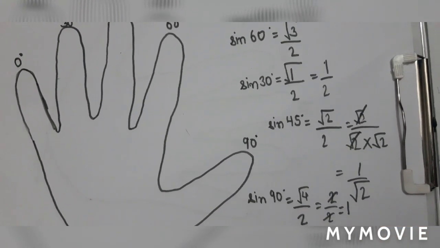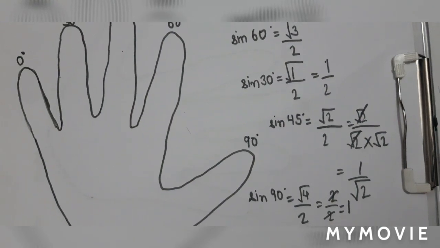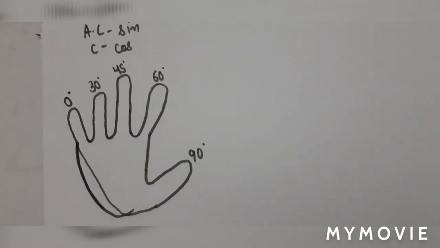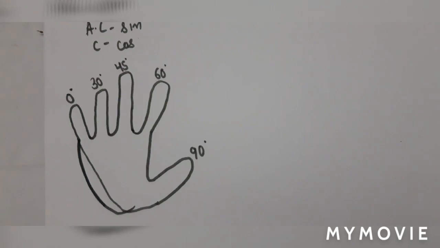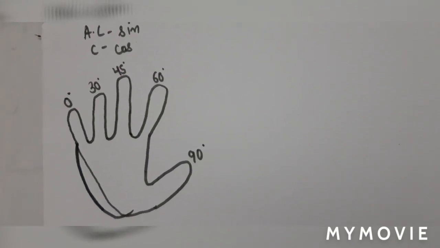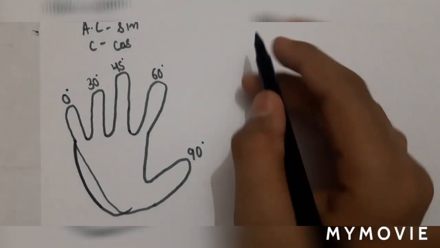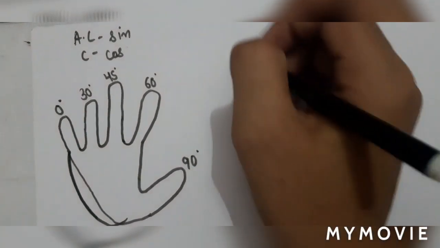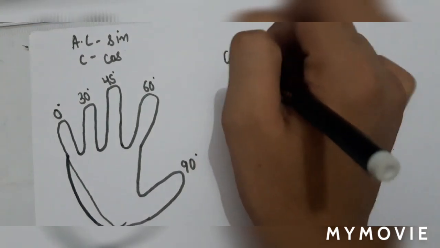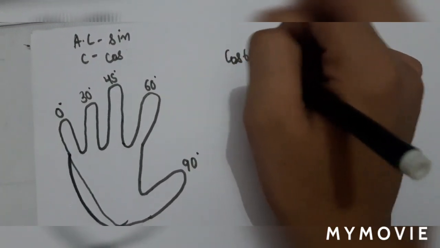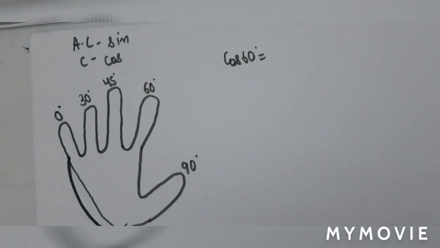So let's find out our cos values. So friends, for simple understanding, we made a small diagram. I know it is not looking good, but for understanding we made it. So friends, let's find out our cos values. Cos 60. So let's take cos 60 value.